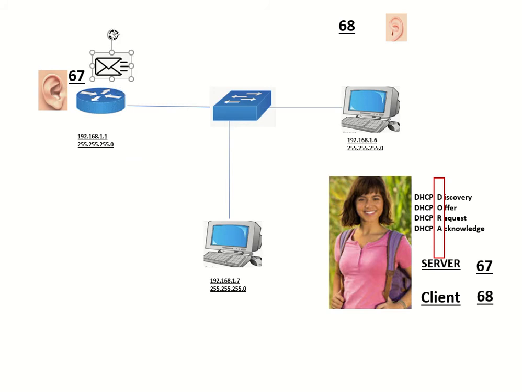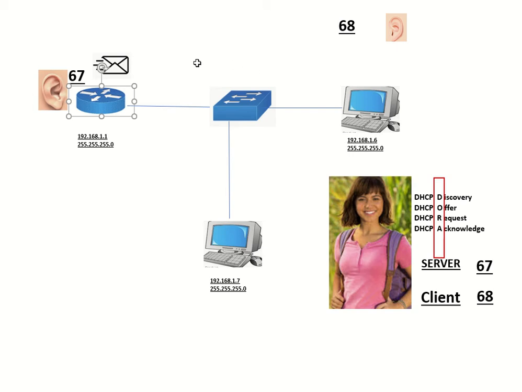The router will open the message, and once it opens the message, it understands that it is a DHCP discovery message. Since this is a DHCP server, it will look up an available IP address in its IP address pool, and it will send out a response going to the device that requested it.